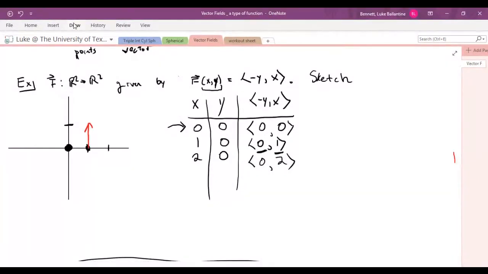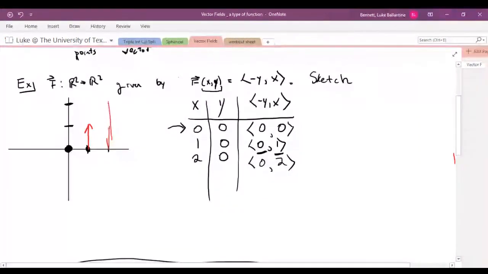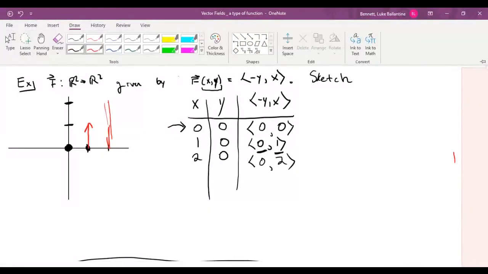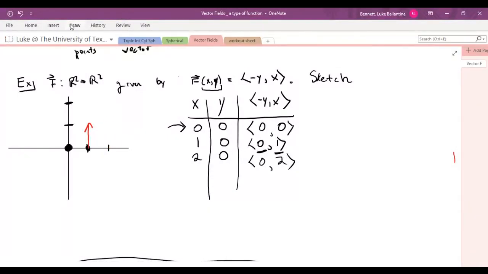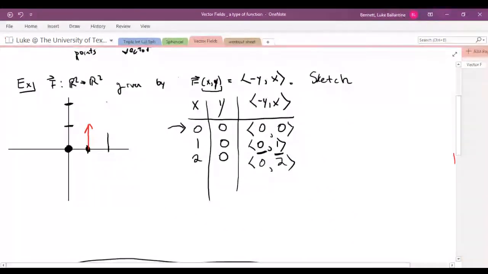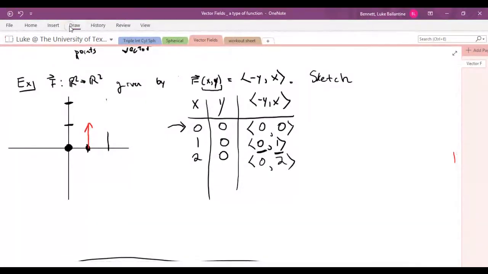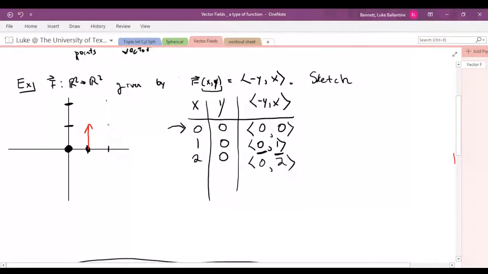So we can see that as we travel along the positive x-axis, we get vertical positive vectors in this vector field.